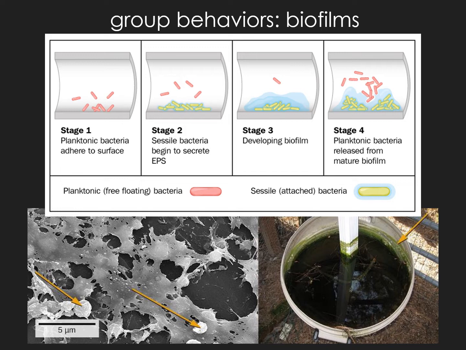And they're really, really nasty little things in terms of human infection, because they make it very, very difficult for us to remove microorganisms and treat bacterial infections.